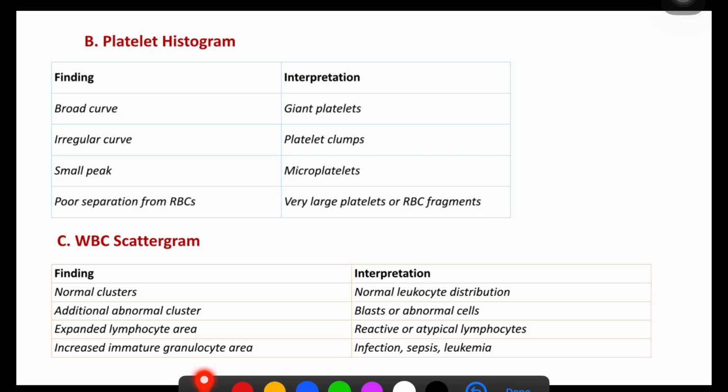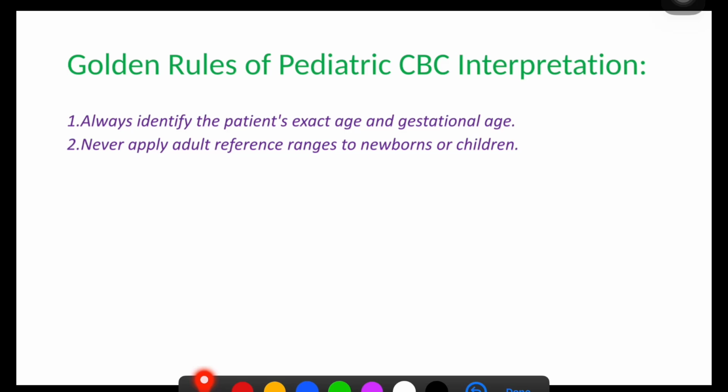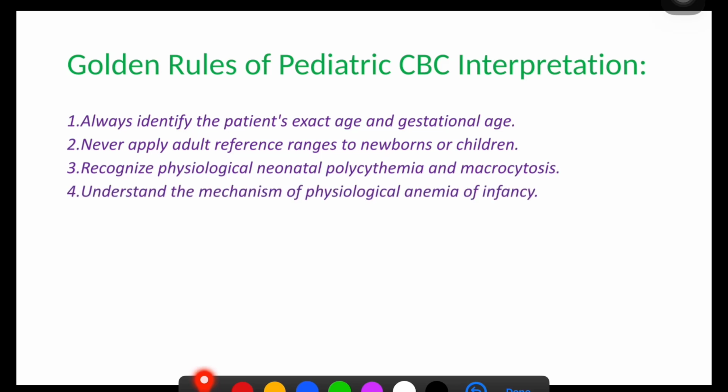So here the golden rules of pediatric CBC interpretation include: first, always identify the patient's exact age and gestational age. Never apply adult reference ranges to newborns or children. Third is recognize physiological neonatal polycythemia and macrocytosis. Understand the mechanism of physiological anemia of infancy.